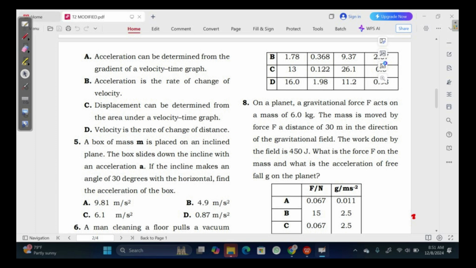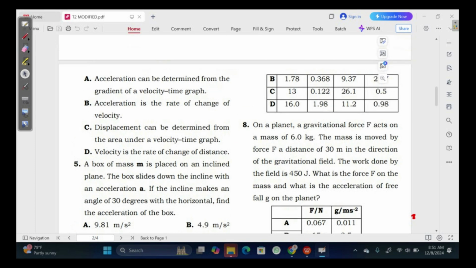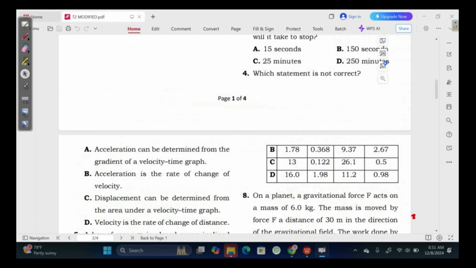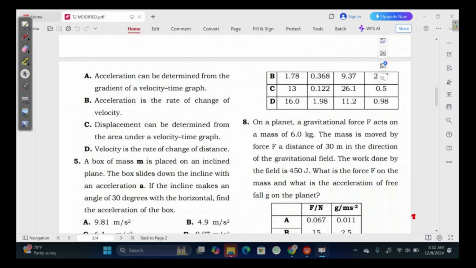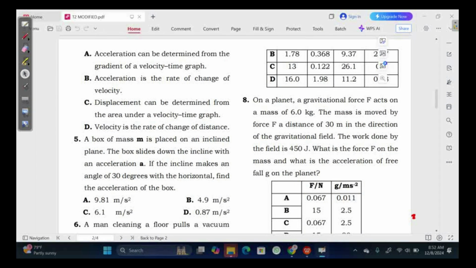So we are on question what? Which statement is not correct? A is saying, acceleration can be determined from the gradient of the velocity time graph.